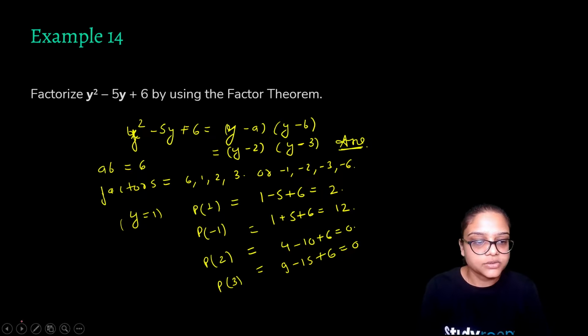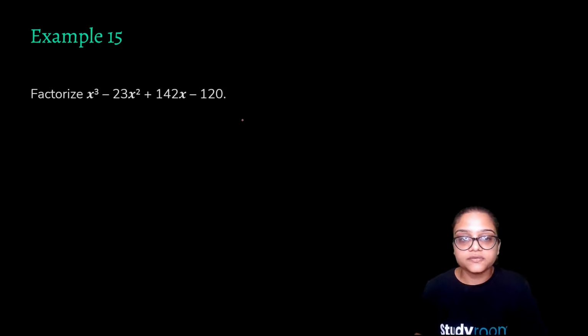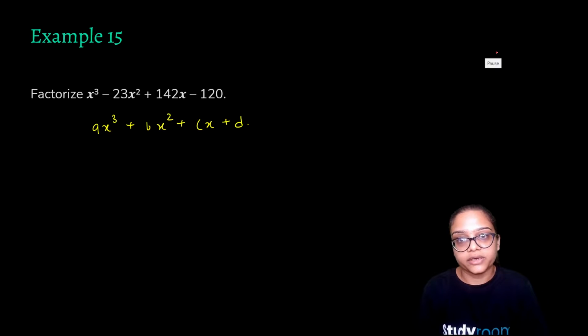So in this way you can factorize by the factor theorem. Now, if this question is given for simple factorization, tell me what is the degree? 3. And how is a degree 3 polynomial written: ax cube plus bx square plus cx plus d. Now just tell me how would you factorize?